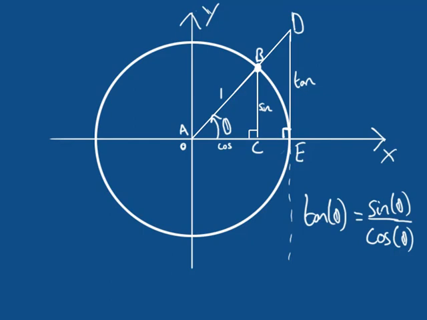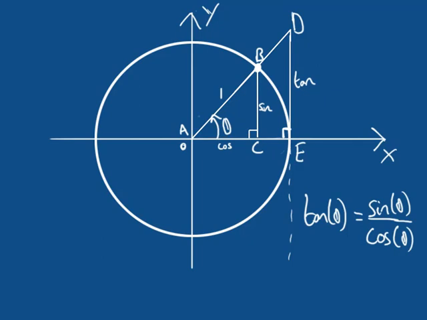So as we think of how tangent is going to change when our angle changes, we can see that, starting out, when theta is equal to 0, the length of our tangent is going to be equal to 0. This edge here, when our angle is 0, is going to be nothing. But as theta increases, tan of theta is going to increase slowly at first, then more and more quickly.